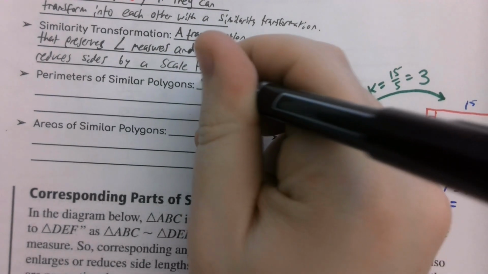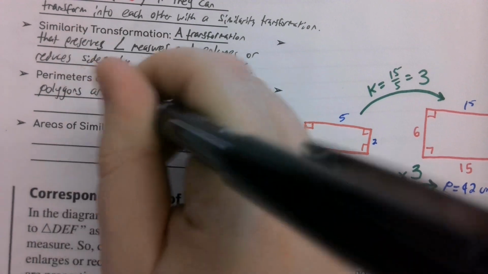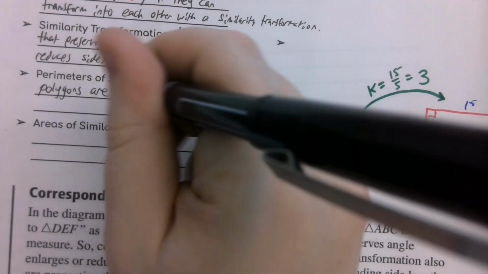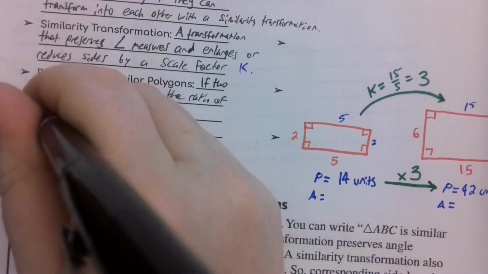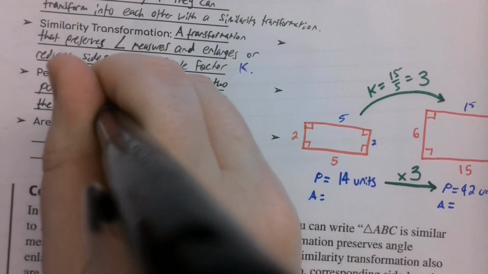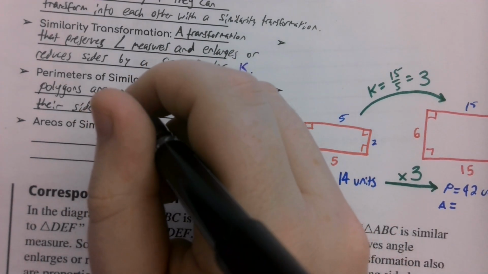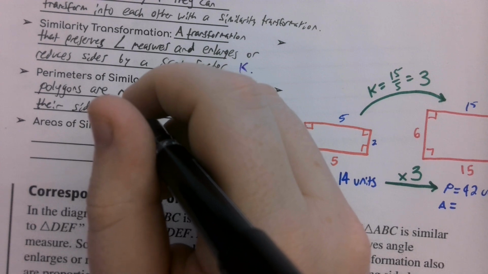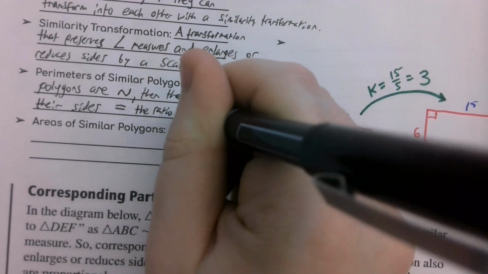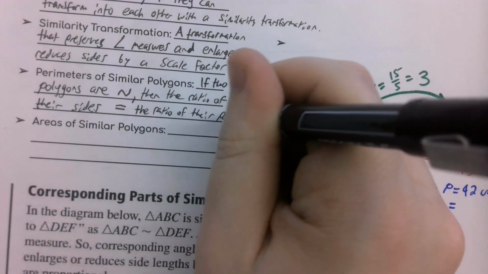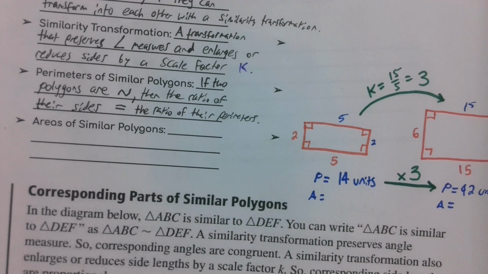If two polygons are similar, then the ratio of their sides equals the ratio of their perimeters. These two ratios are the same, 3 and 3.